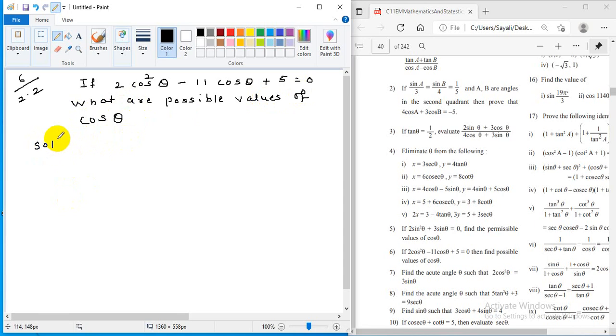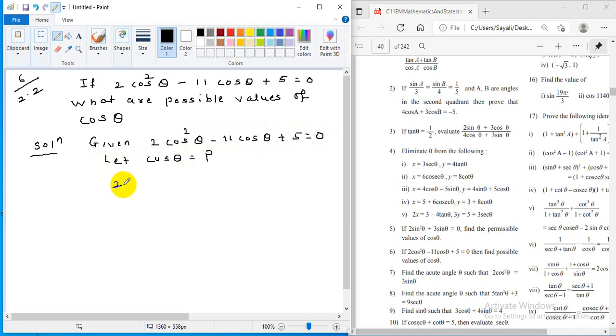Solution: given 2 into cos squared theta minus 11 cos theta plus 5 equal to 0. So what we can say, let cos theta is equal to say p. So the given equation becomes now 2p squared minus 11p plus 5 equal to 0.